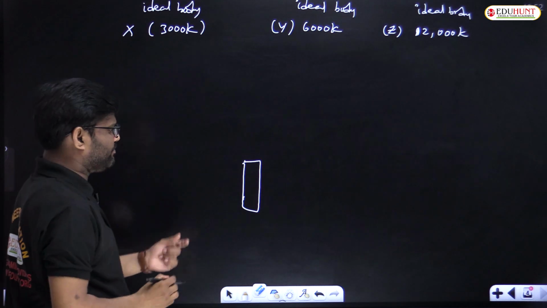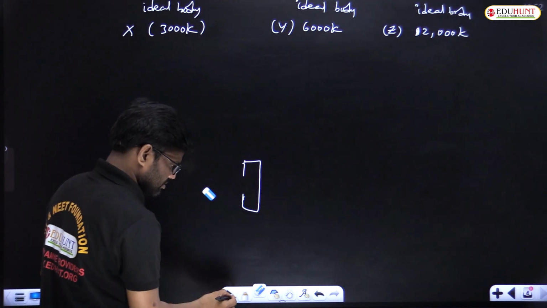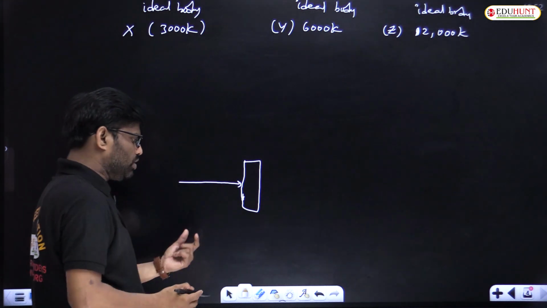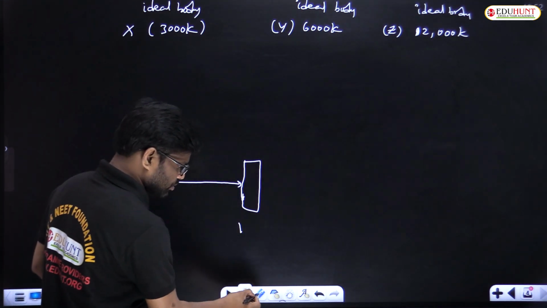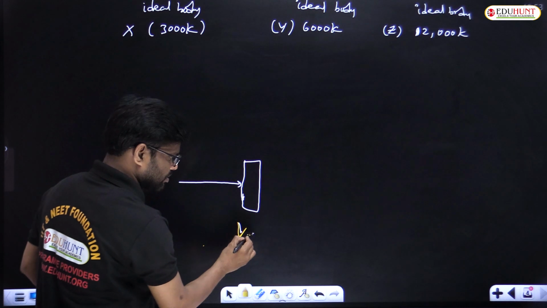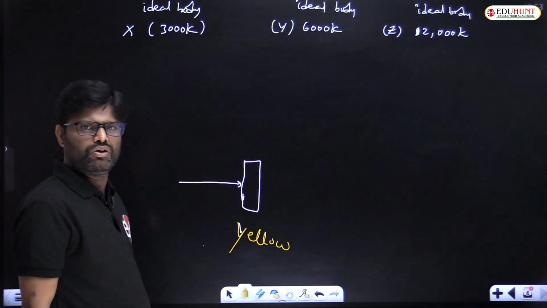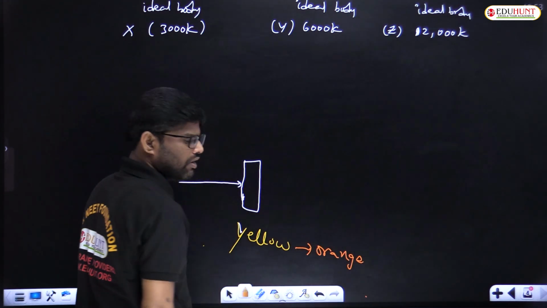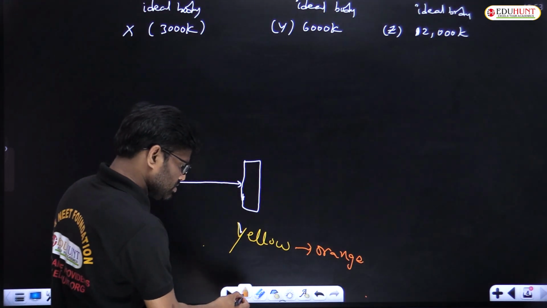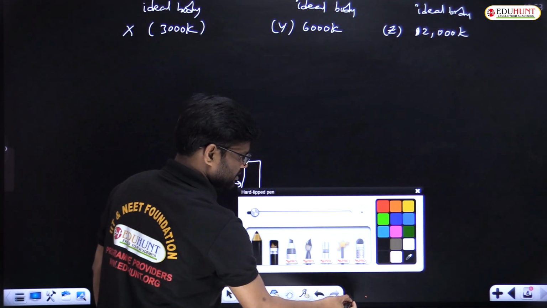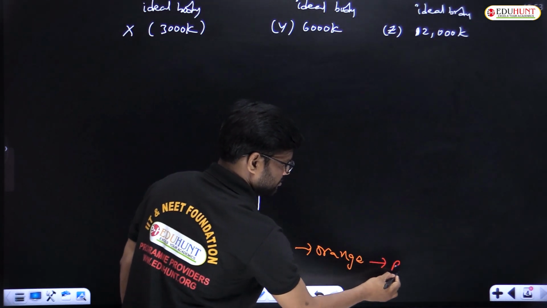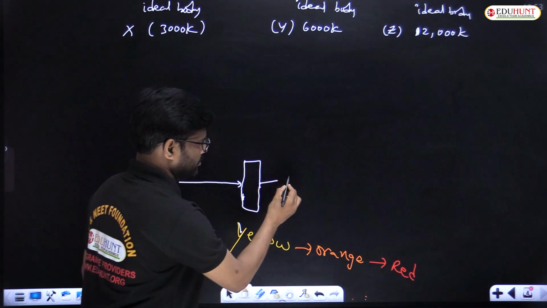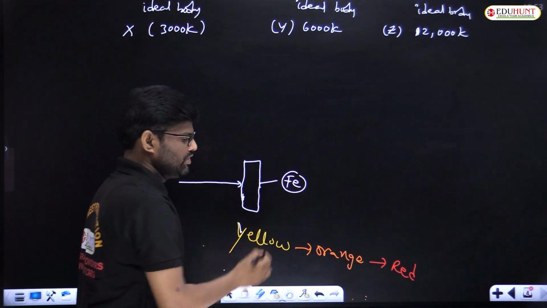First, what color does it form as I heat it? First it shows yellow color. Second it shows orange color. Next it shows red color. This is an iron object which is heated.